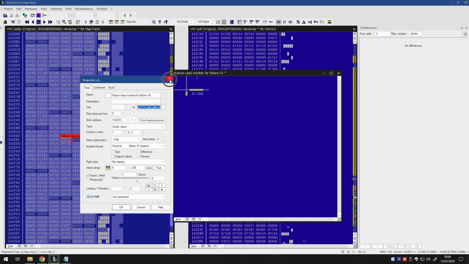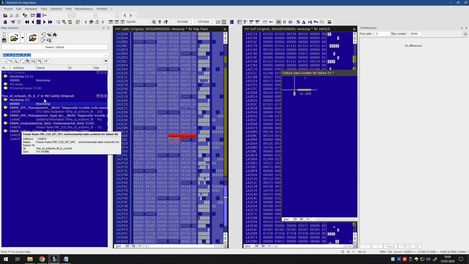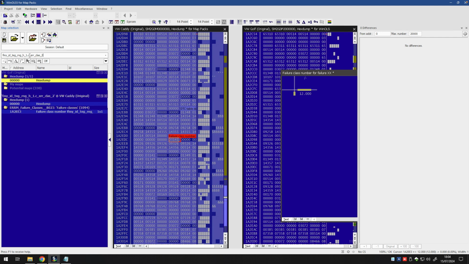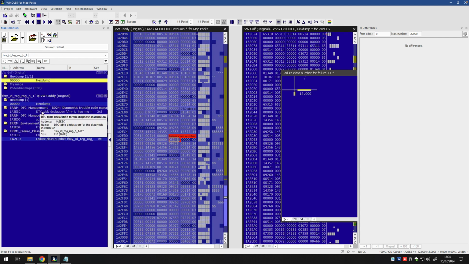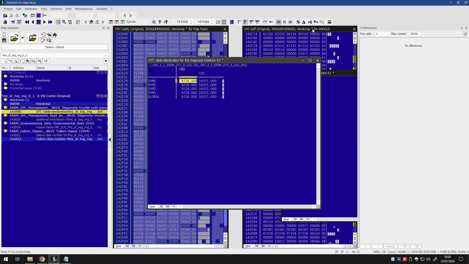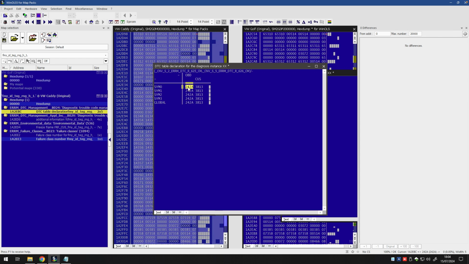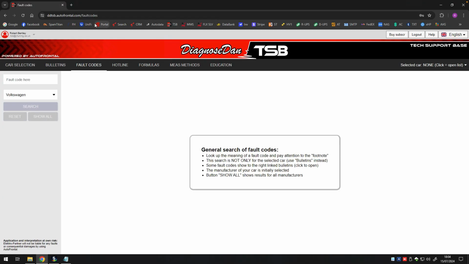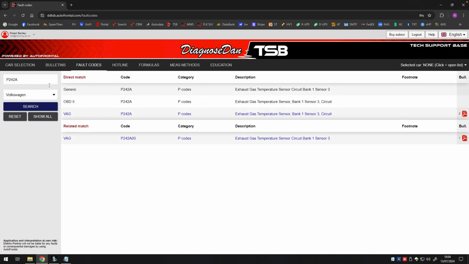So I'm going to copy that there, open this up, and we can see that this failure class is for this DTC table here. If we display that in a readable way, we can see that as 242A as an OBD code, which is P242A, an exhaust gas temperature sensor circuit, bank 1 sensor 3.